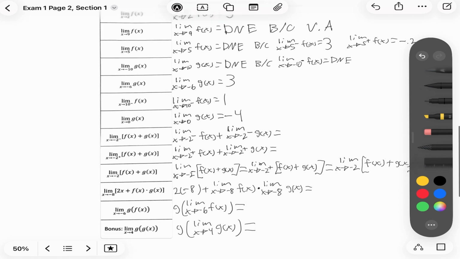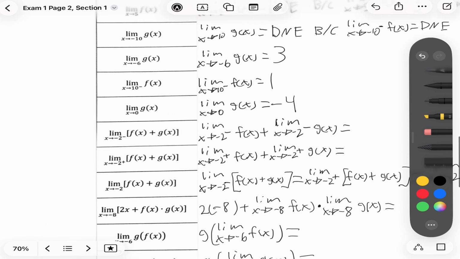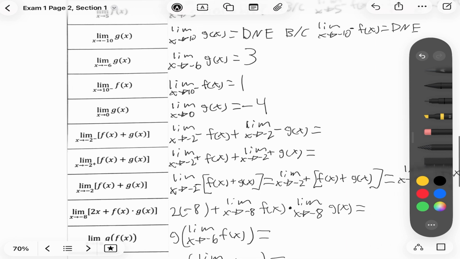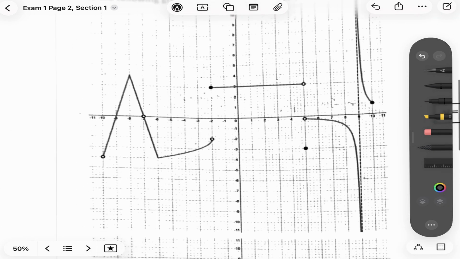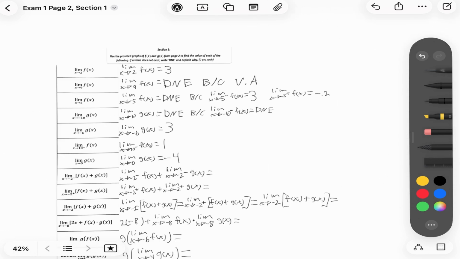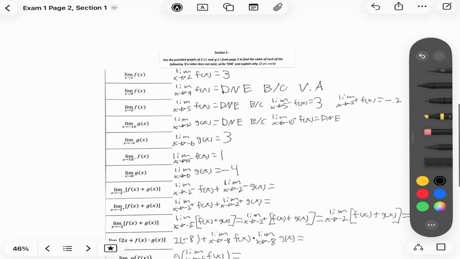Now for these ones, I have set up already. Limit x approaching negative 2 from the left side, adding our f of x and g of x together. Now I separated these. We can start with our f of x graph, limit x approaching negative 2 from our left side. We can see that our answer is negative 2 for f of x.